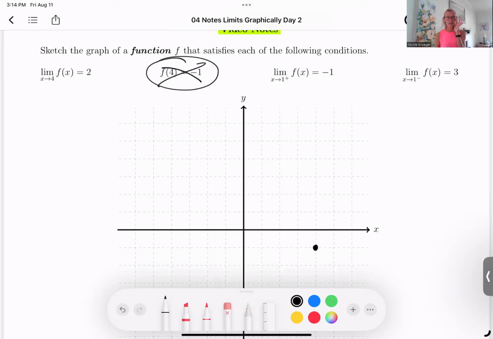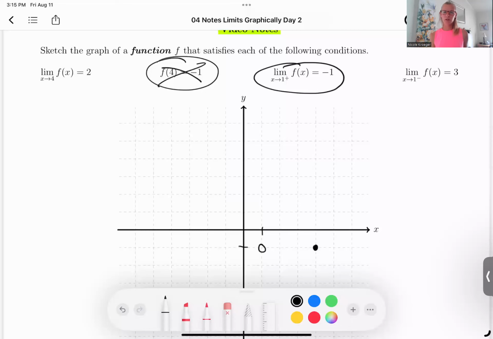Now I have to figure out how to deal with these limits. And so this is where things can get a little messier, but it's not usually too bad. So I think it's a little bit easier to start with the left and the right-hand limits. Sometimes it's easier, sometimes it's not, but let's start there. So this is our right-hand limit as x approaches 1 is -1. So I'm going to put an open circle there.